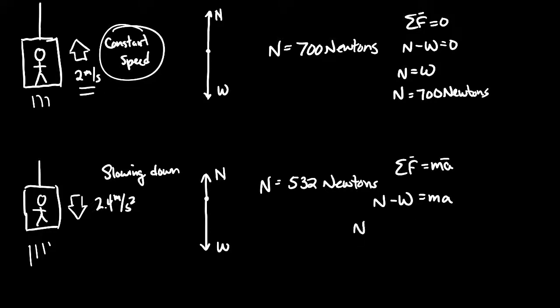So normal equals 700 plus 70 times negative 2.4. The acceleration is downwards. And since acceleration is a vector, when it's downwards, I need to take its direction into account. We don't blindly put signs in, but we do have to pay attention to direction.